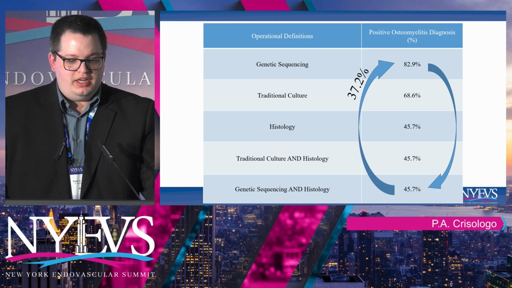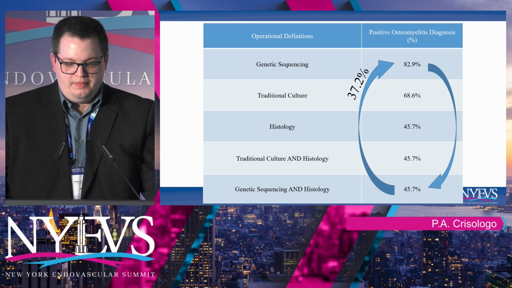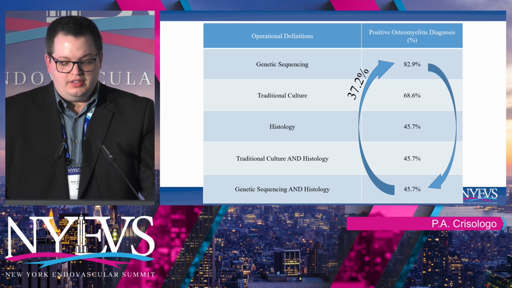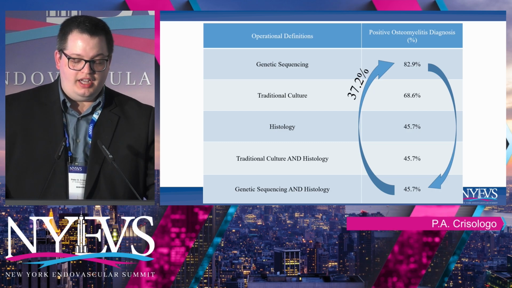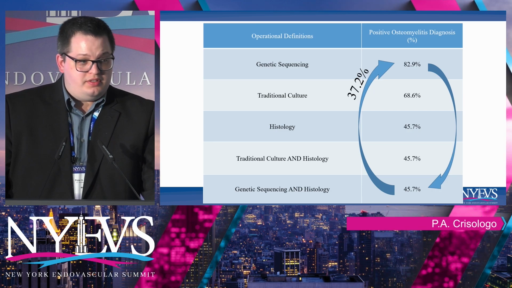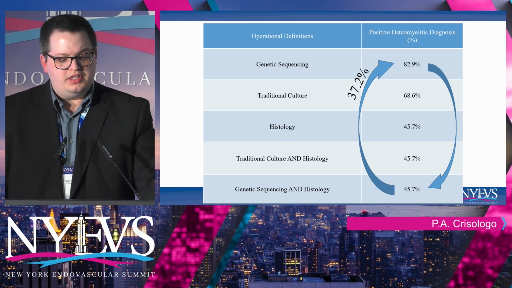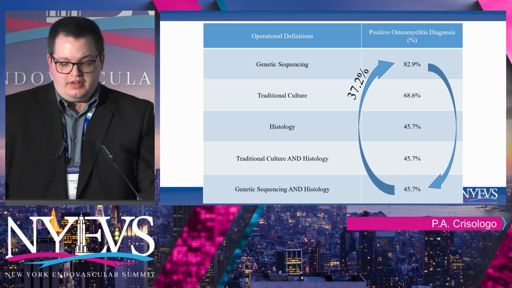So we looked at this. We looked at messing around with the operational definition in a group of patients who all had bone biopsies. And depending on how you interpreted it, you got a wide-ranging number of positives or negatives for your diagnosis. We looked at using 16S genetic sequencing, which has been talked about some today, traditional culture, histology, and then combinations of both using recommended diagnostic criteria.